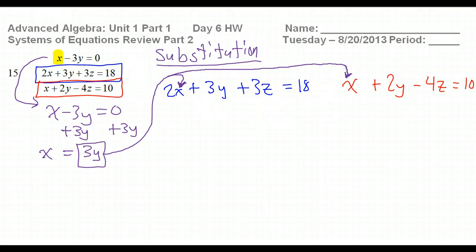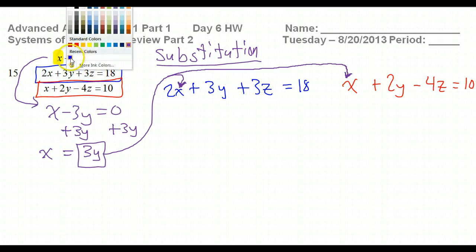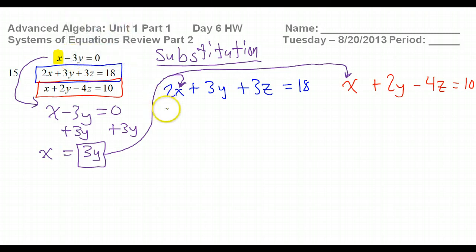Alright, so let's see what happens. Start with the blue equation. Okay, so 2x. Here's where I'm substituting in 3y. So this is going to be 2 times 3y plus 3y plus 3z equals 18.